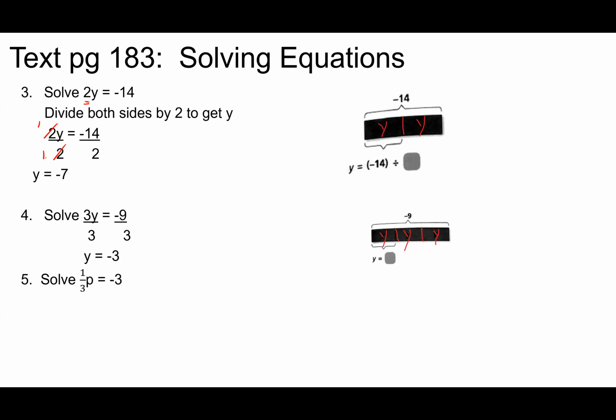Great job. Okay, so we're going to multiply both sides by 3 to get a 1p. So we've got 3 times 1/3 p equals negative 3 times 3. Okay, so these cross cancel, and I've got just p. What does p equal? Negative 9.